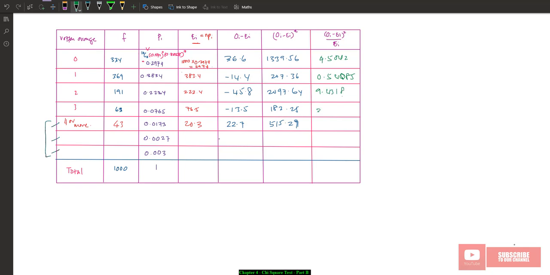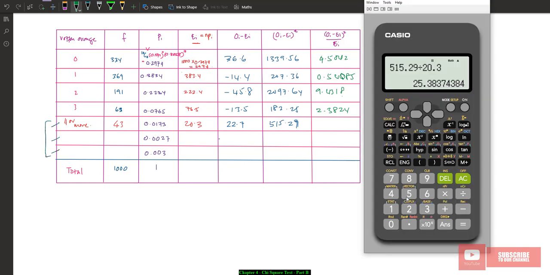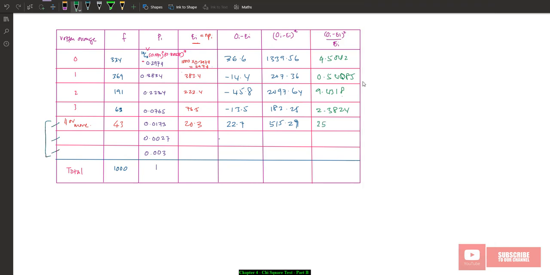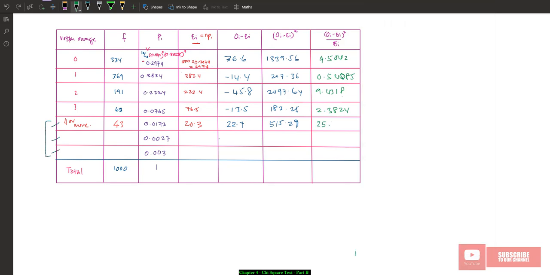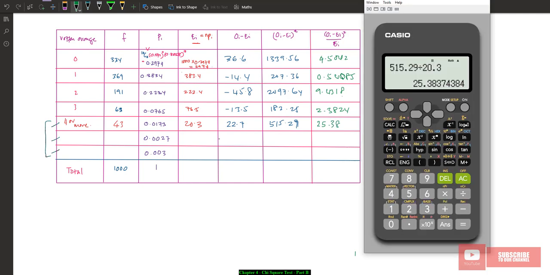This is 2.3824. And then for this one, 515.29 divided by 20.3 should be 25.3837.